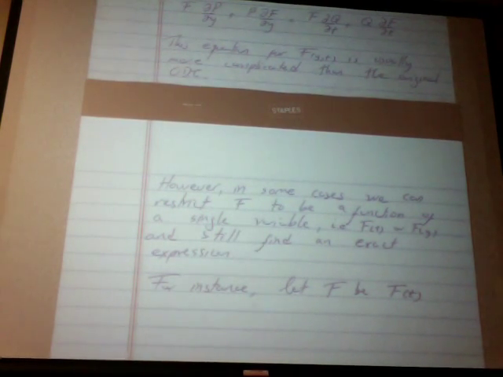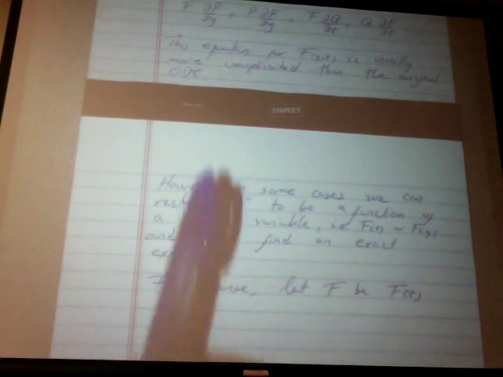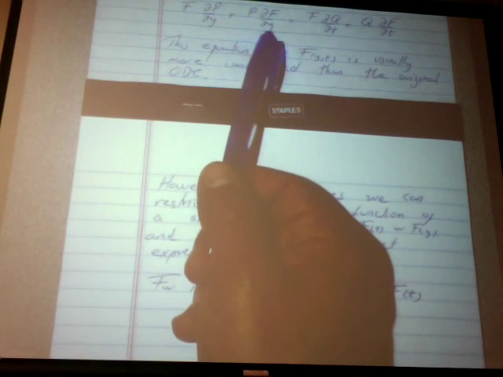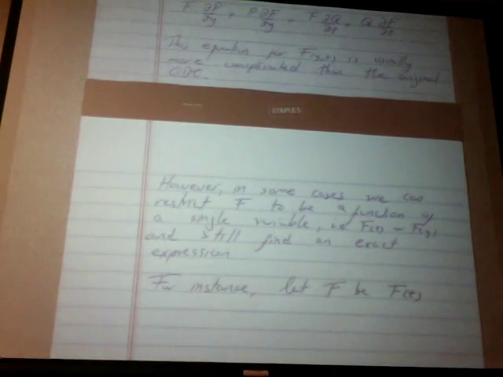If we make it an f of t, what would happen is that in this expression, these terms will go away, right? Because the df/dy is 0. So let's rewrite this.